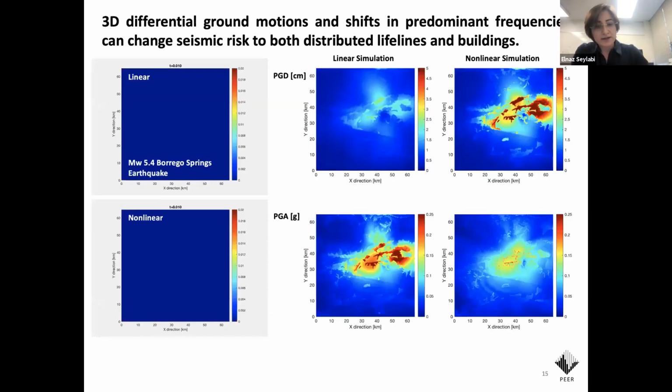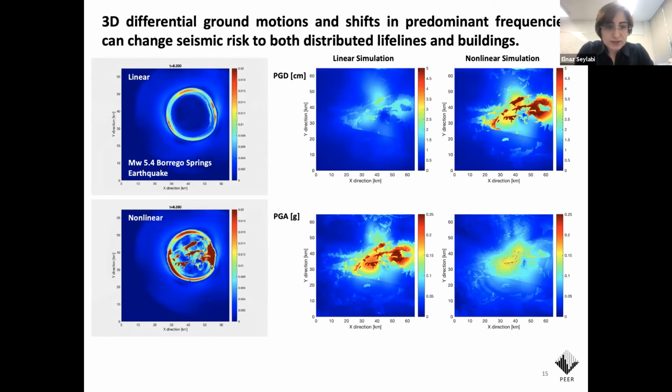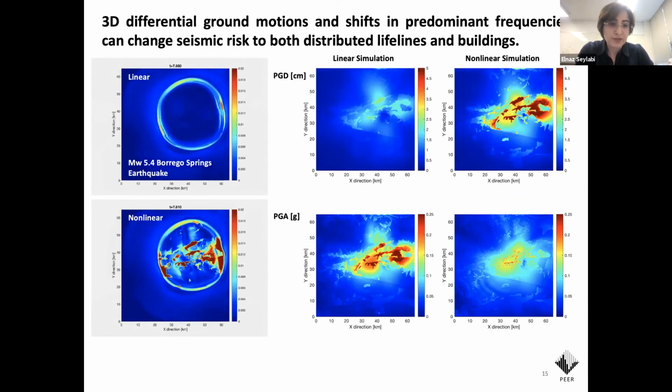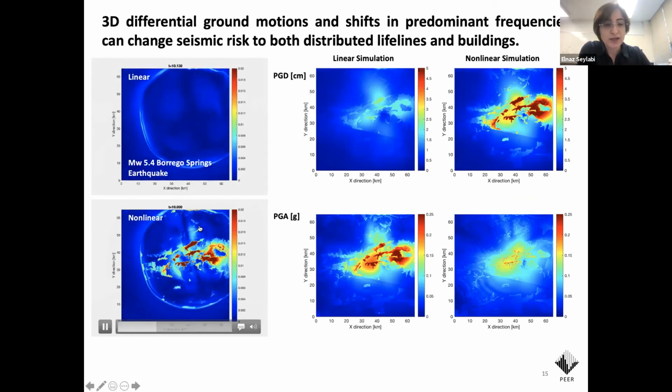So here are two movies to show the variation of peak ground displacement with time for both linear and nonlinear simulations. And as you see, of course, this is a moderate scale earthquake, but still we see the residual deformations increasing and accumulating in our valley structure and soft sedimentary soil.